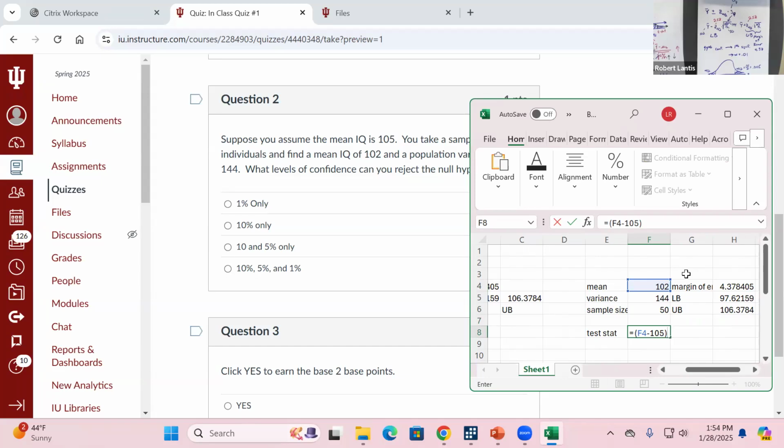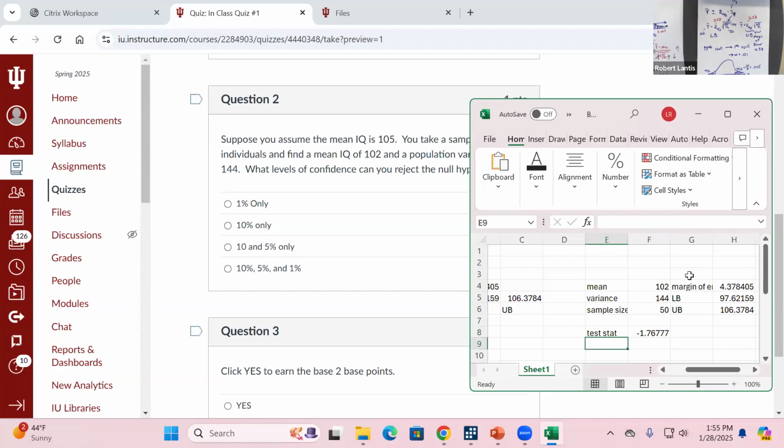I'm then going to divide that by the square root of my sample variance, which here I gave you a population variance. We're using the standard normal to approximate, so it doesn't matter which one of these we use. In practice, we really will only have a sample variance, but it doesn't change anything for us in this example. Divide by the sample size, and that should give me my test statistic.